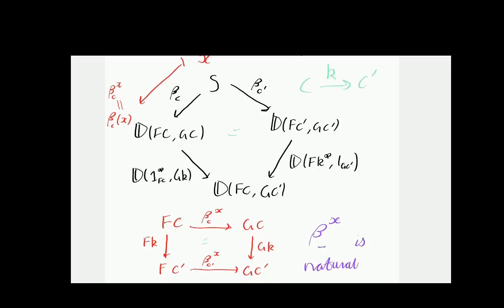Okay. So what I mean here is that, like in this diamond, I'm showing what happens when we fix a particular x, and then we get this, and similarly we get a beta x c dash on the other side, and the diagram commutes.